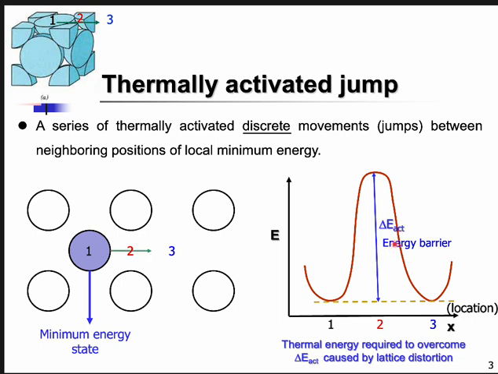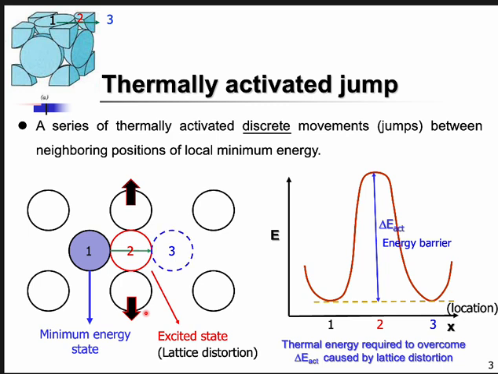This energy can support the atom at number 2 to push the upper and bottom atoms away to allow it to make a successful jump finally to location number 3, the other side with the lowest or minimal energy state. So this is how atoms move through crystal structures.